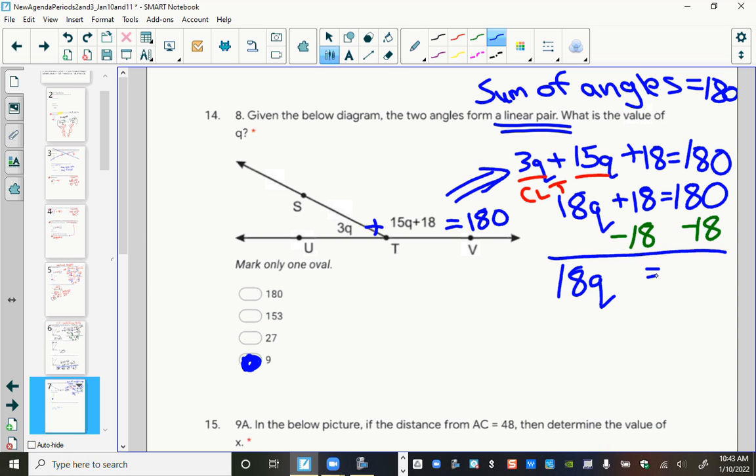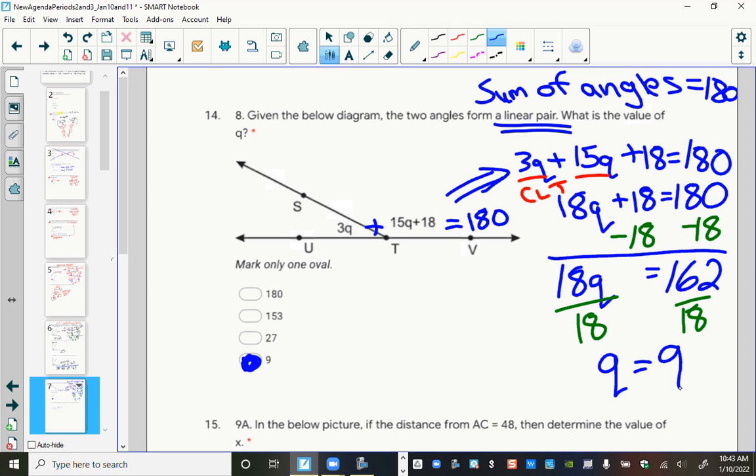So 180 minus 18 is how much? Yup. And then what do we divide both sides by? 18. So q equals what number? 9. So there you go. Questions on that one?